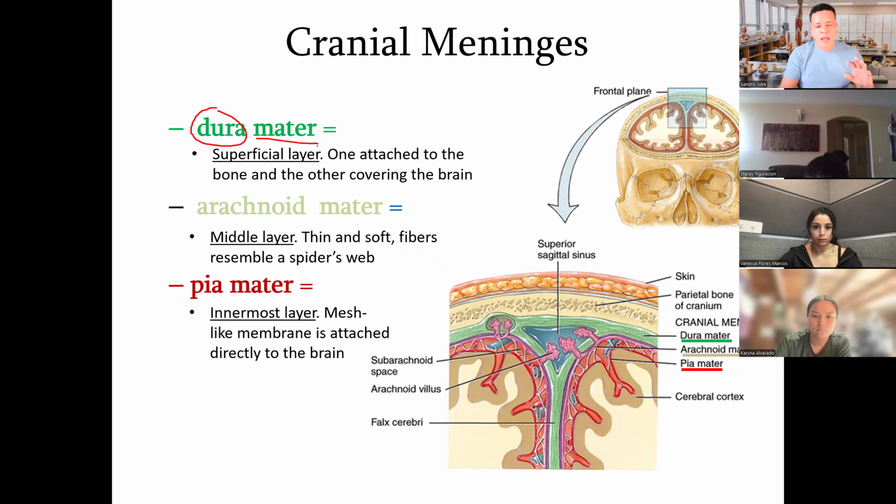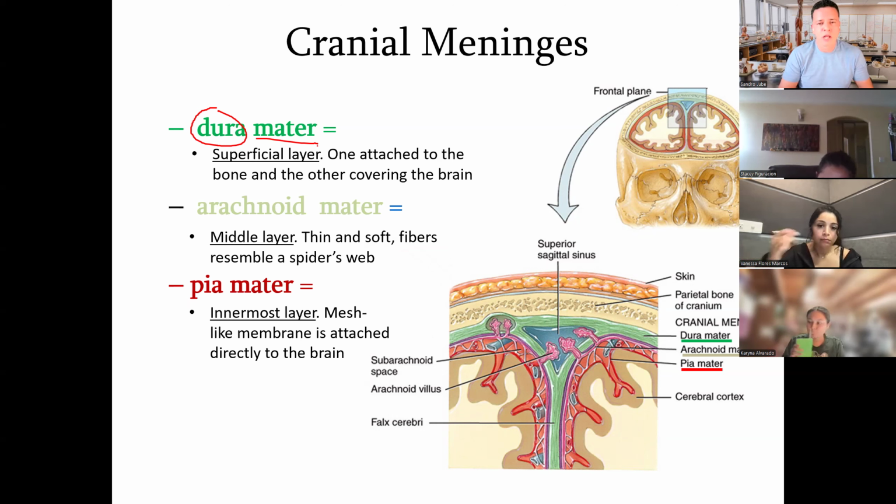Now, you understand that someone could have an inflammation of one of these meninges. It could be the cranial or the spinal. This is a condition called meningitis. So what is meningitis? Meningitis is the inflammation of one of the meninges.